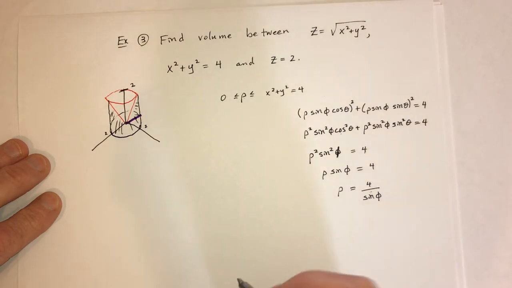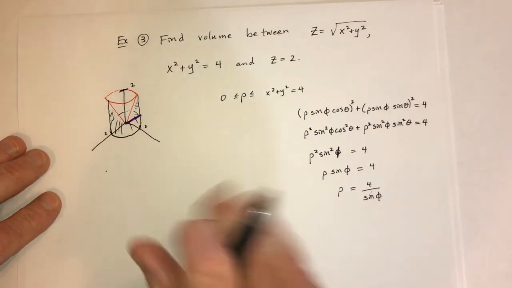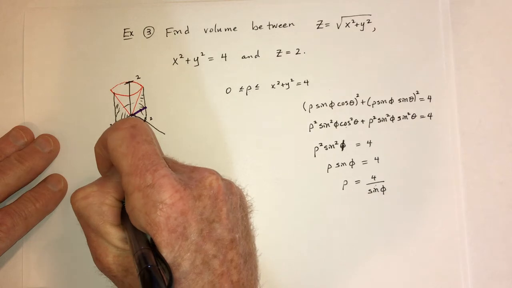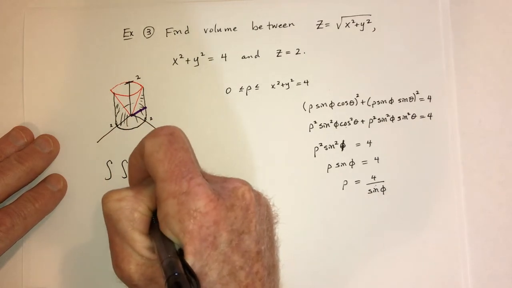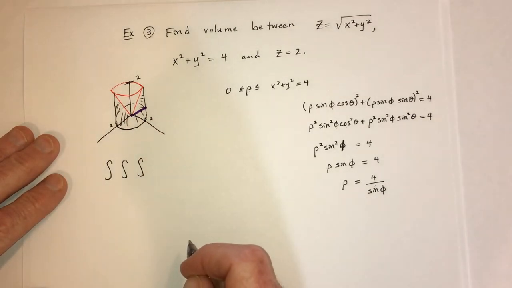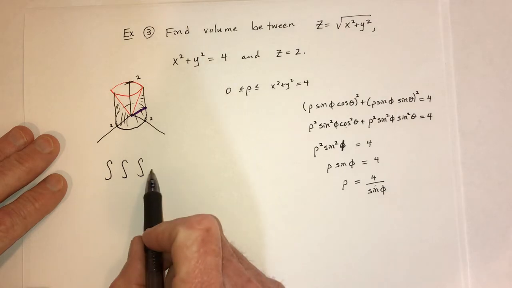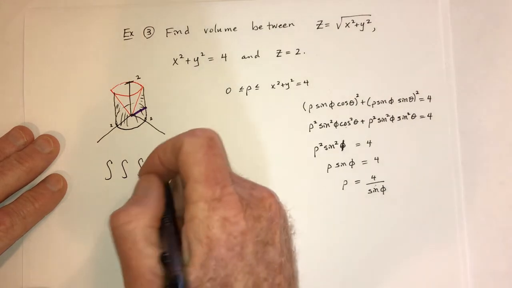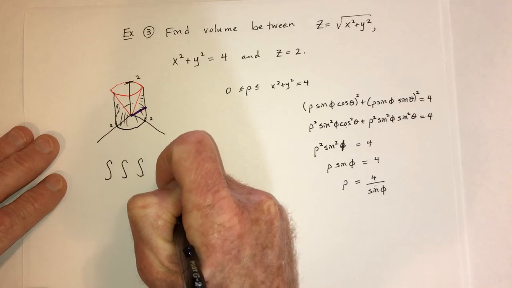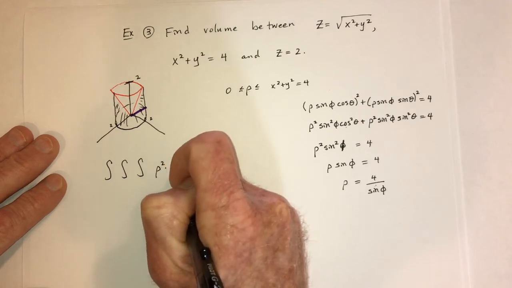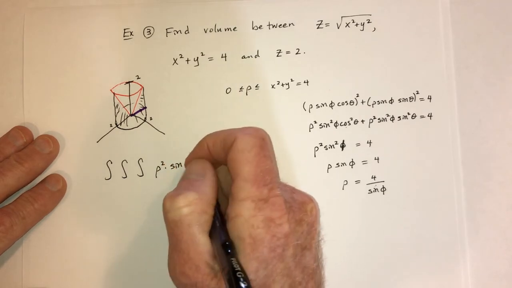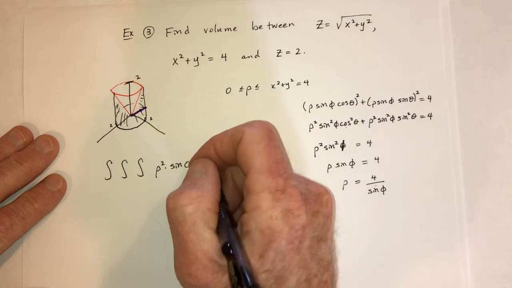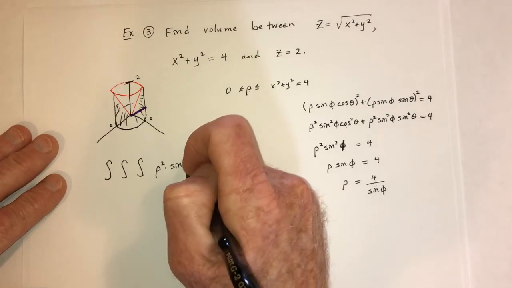Okay, now we're ready to set up the triple integral. So triple integral. And because we're finding volume, we don't have any extra function to put right here, so we go straight to that extra rho squared sine of phi that all of these spherical coordinates will have.